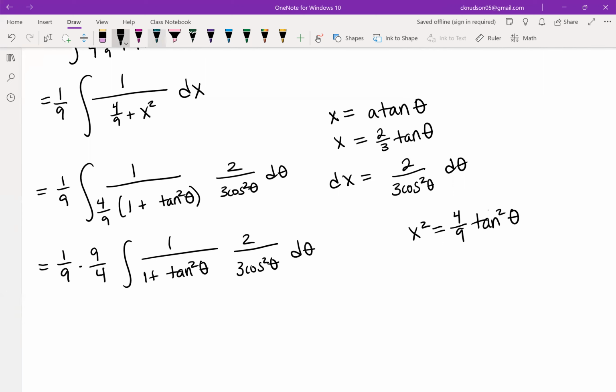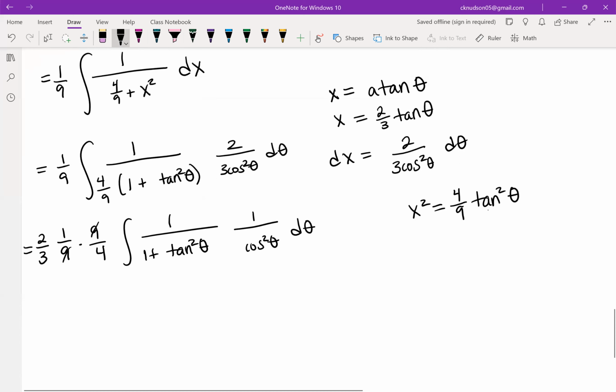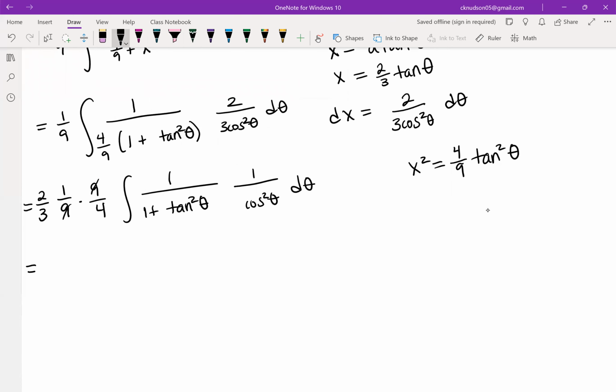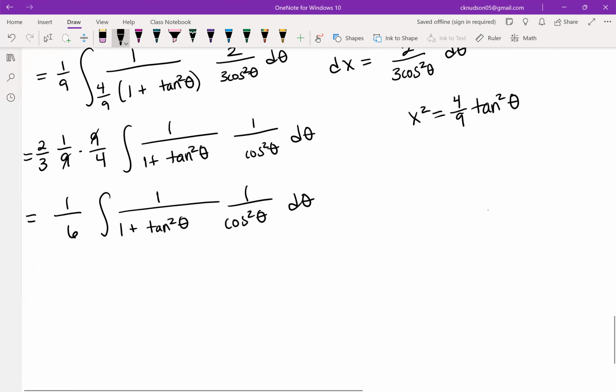And we can see that the 9s cancel. Now let's also pull the 2/3 out in front. Then this leaves us with 1 over 6. Then our integral is 1 plus tan squared of theta times 1 over cosine squared of theta d theta.